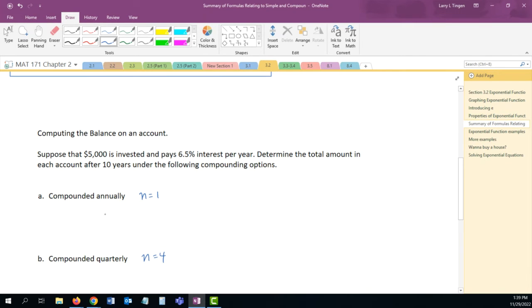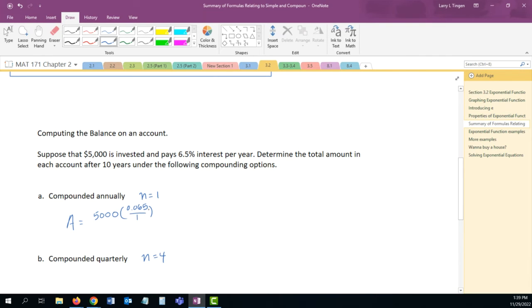So what do these look like? Future value is equal to the principal times the rate. The rate is 6.5%, but I can't do math with percents, right?